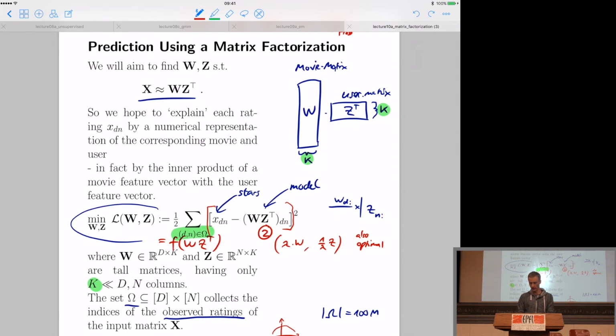What we have done here is we have learned a representation for each movie and for each user. For each user, we learned 30 numbers. For each movie, we learned 30 numbers. So now we have a very interesting representation for each user and each movie. And that's the powerful thing about this, that it can be used for representation learning.